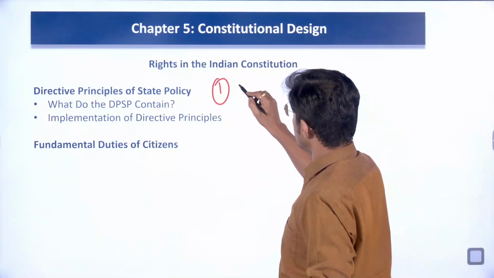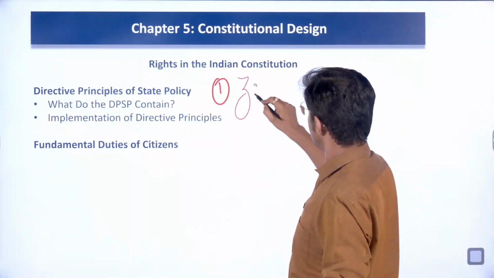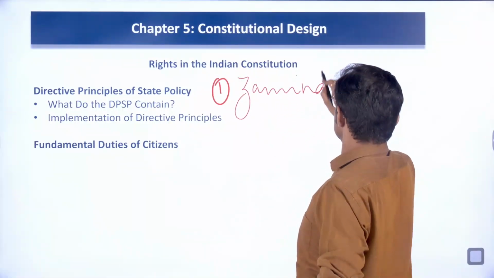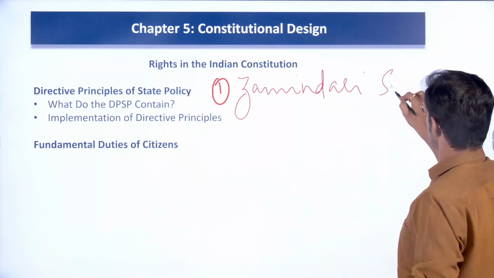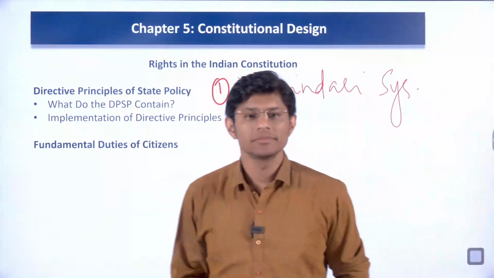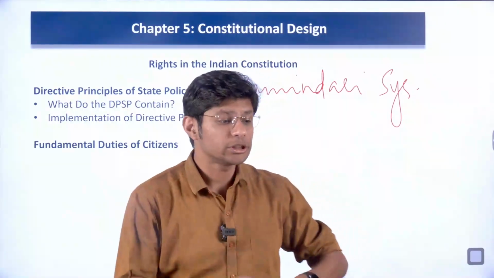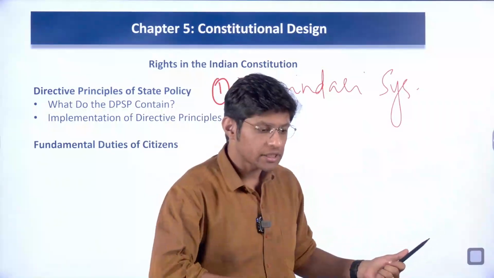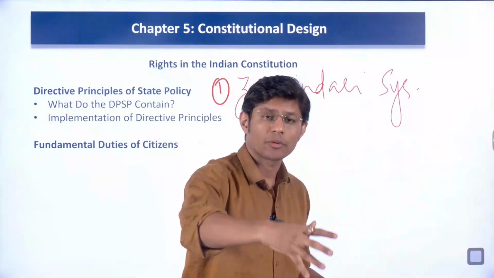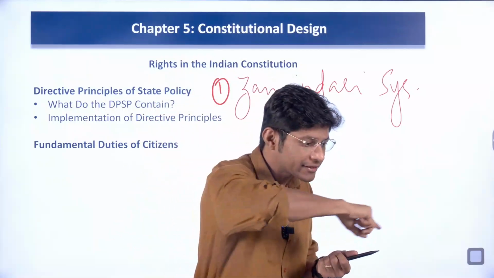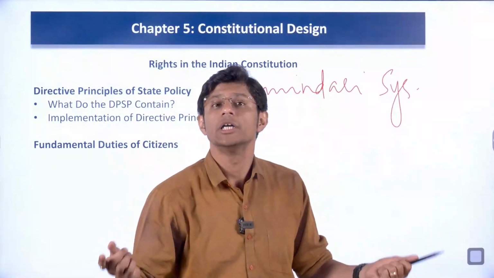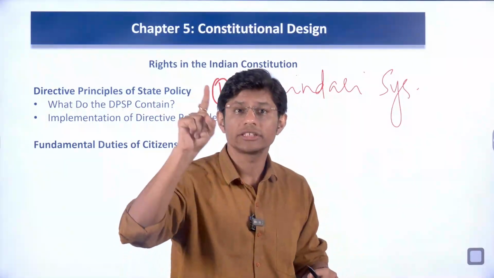For example, abolition of the zamindari system. The zamindari system was abolished. Why? To ensure land reforms, which means the government will take the excess land from the landholders and redistribute it among the landless people so as to make our country food secure.